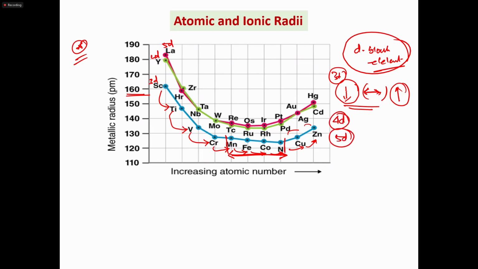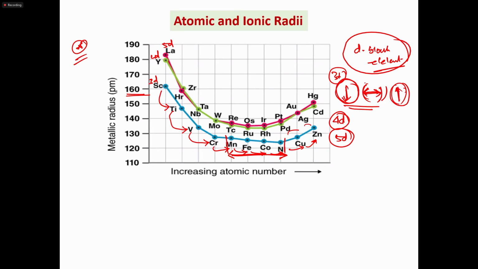But the question is why this type of trend is occurring in the atomic radius or the metallic radius value. First it is decreasing, then the values are very close from manganese to nickel, then again increasing.